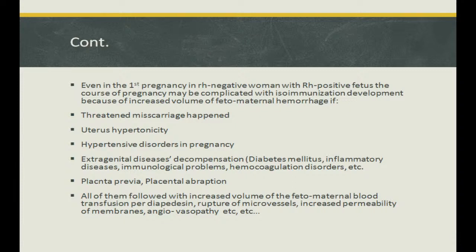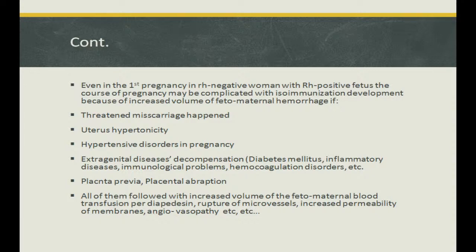They may rupture in micro areas, in very small amounts, but in this case we already have an entrance of the fetal antigen into maternal circulation, and threatened miscarriage is one of the reasons for appearance of isoimmunization during pregnancy, even if it is the first pregnancy, but a pregnancy with a rhesus-positive fetus.